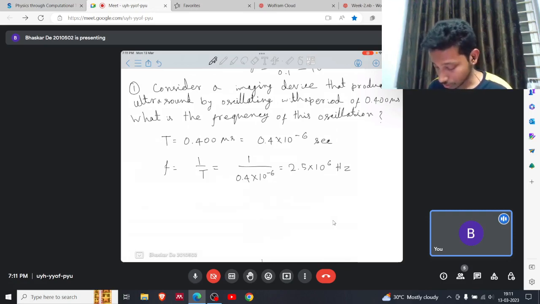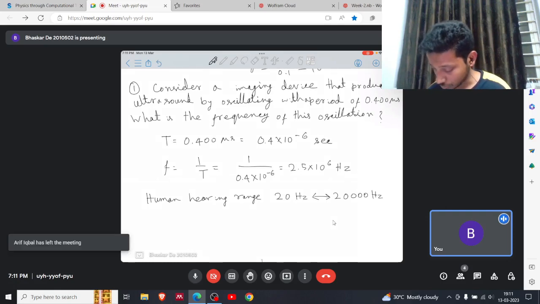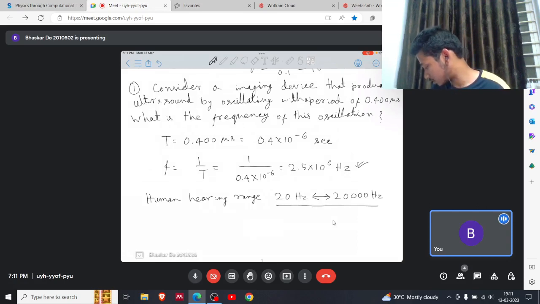So why is this called ultrasound? Here you can see the human hearing range is 20 hertz to 20,000 hertz. This particular frequency lies above this range. That's why it is called ultrasound.